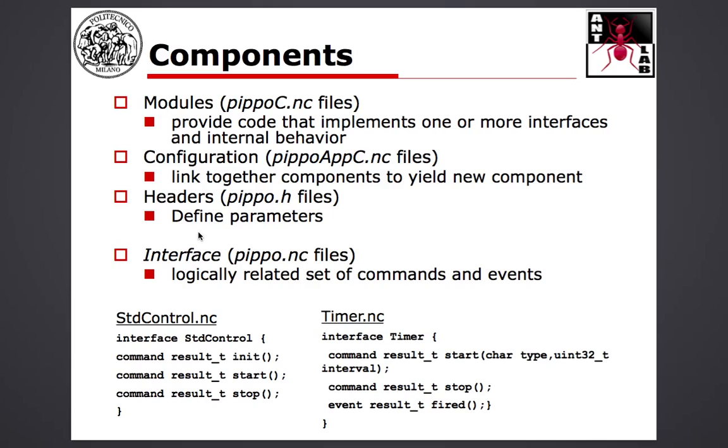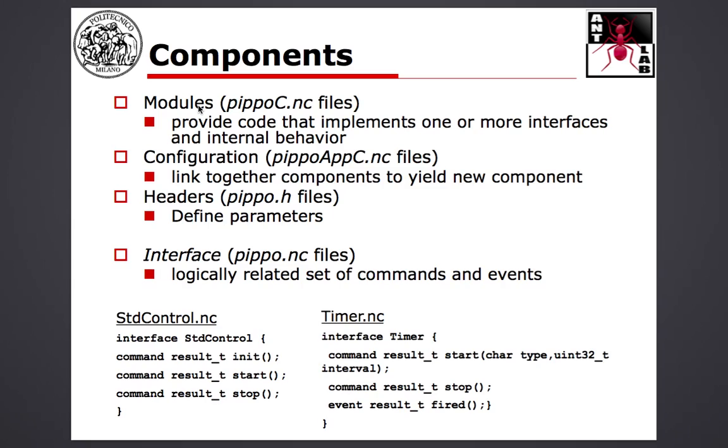The traditional TinyOS dialect identifies these 4 different blocks: modules, configurations, headers, and interfaces. So we have these 4 keywords, which then reflect on 4 different source files that we have to write in order to start with an application.